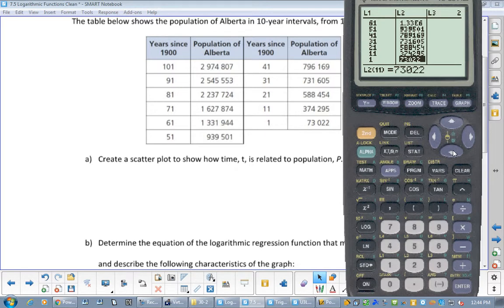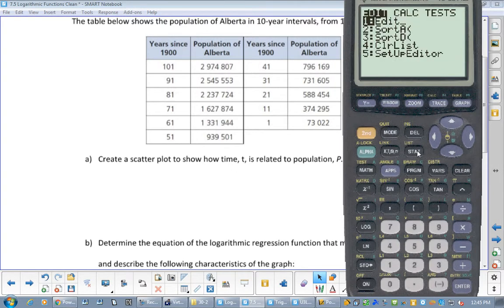Okay, so how do we get my equation? Stat, calc, ln regression, and that's wrong.